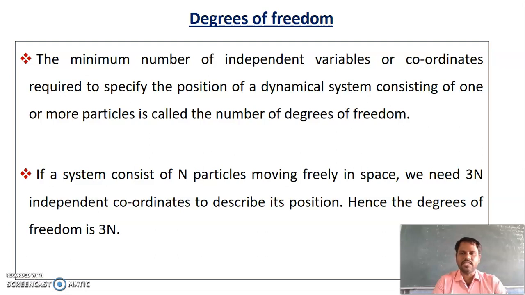Likewise, for a system consisting of n particles moving freely in space, we need totally 3n independent coordinates to describe its position. Hence, the degree of freedom is 3n.